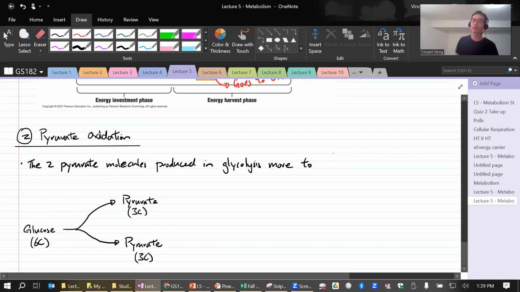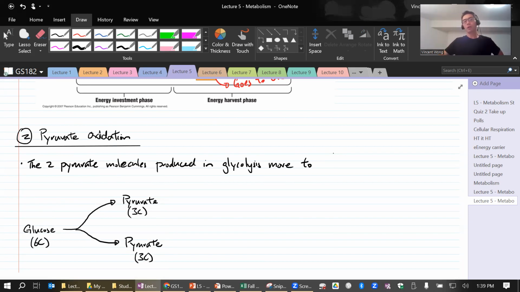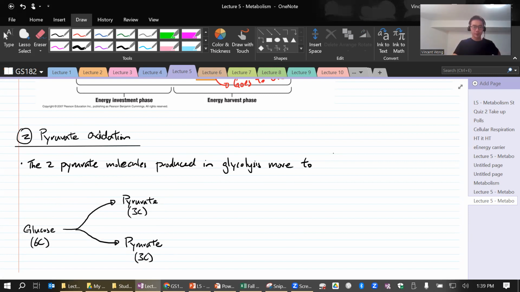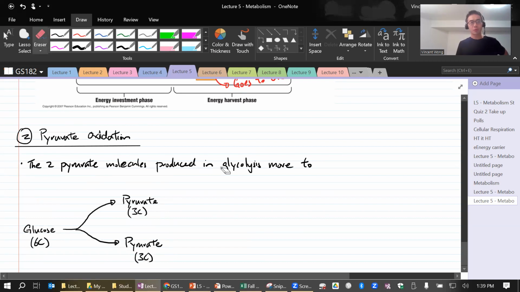Where are the pyruvate gonna go? Is it mitochondria? That's right. It's gonna go to the mitochondria. Specifically, which part of the mitochondria, though? Matrix. The matrix. Excellent. So the 2 pyruvate molecules produced in glycolysis move into the matrix of the mitochondria.